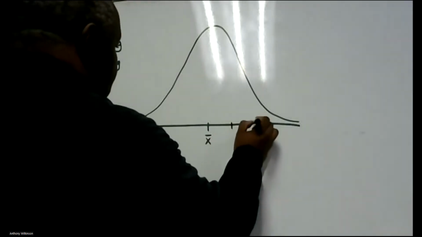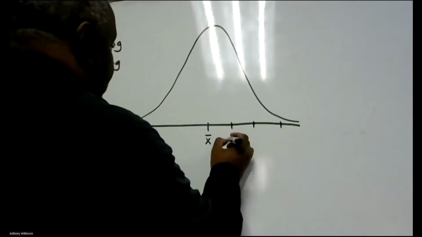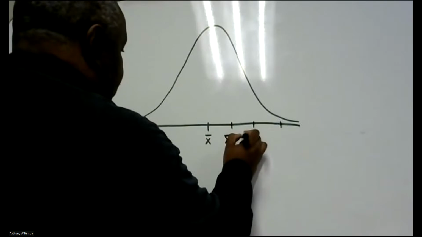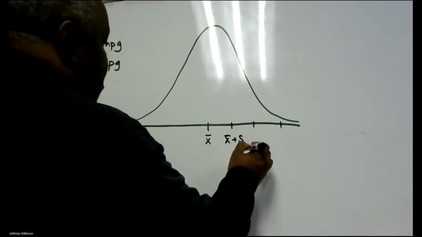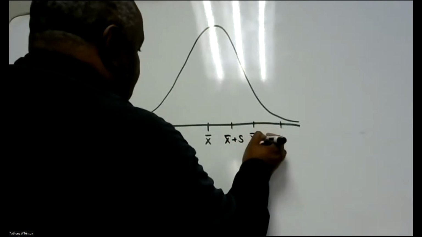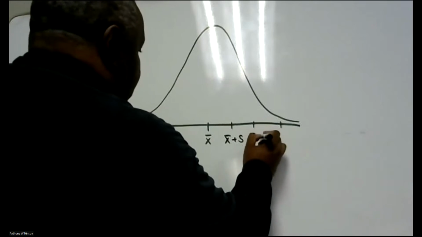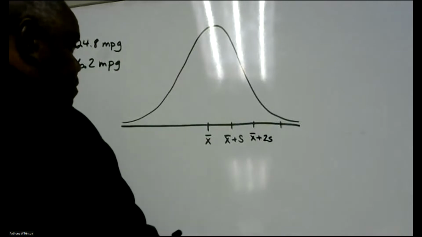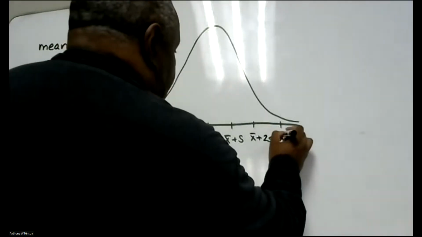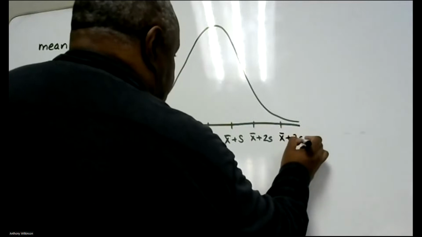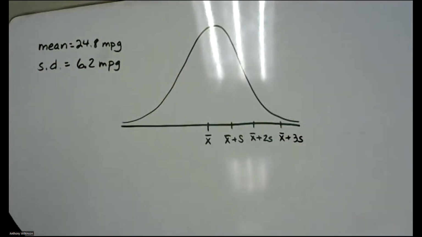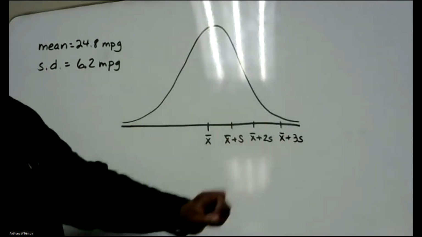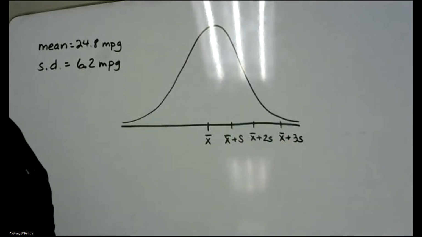This first mark represents the mean plus 1 standard deviation, which I'm going to call S. Another standard deviation out will be X bar plus 2S. And this will be X bar plus 3S. That's 1 standard deviation, 2 standard deviations, 3 standard deviations above the mean.